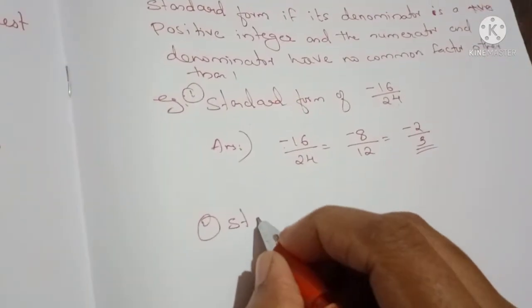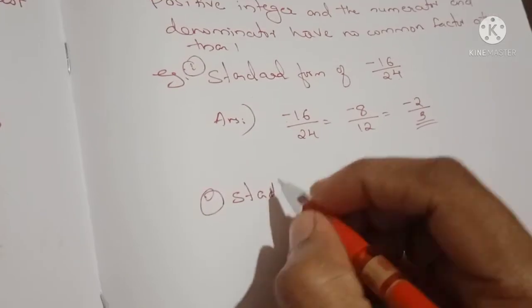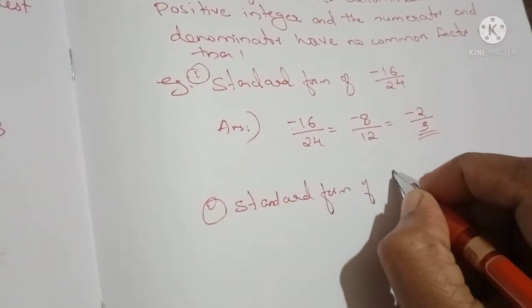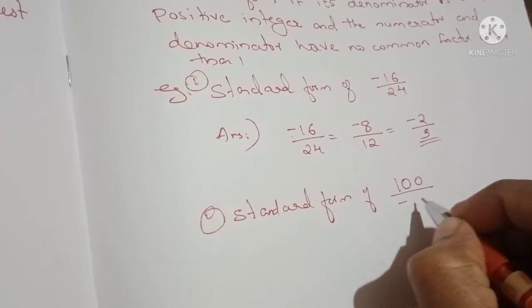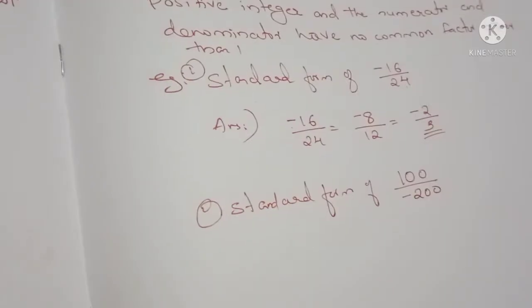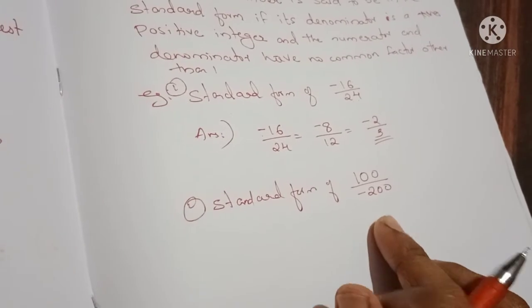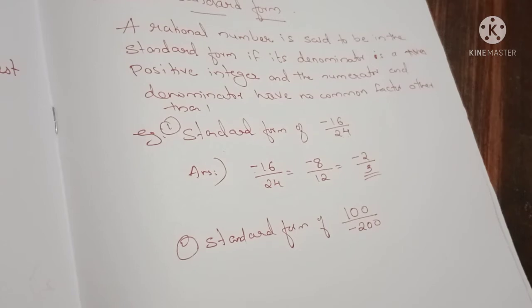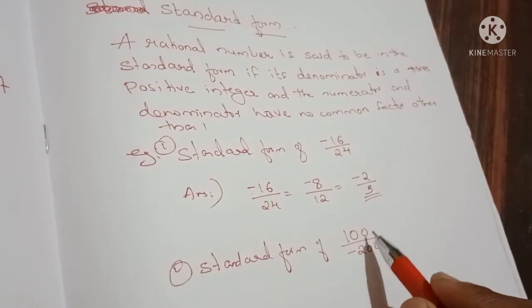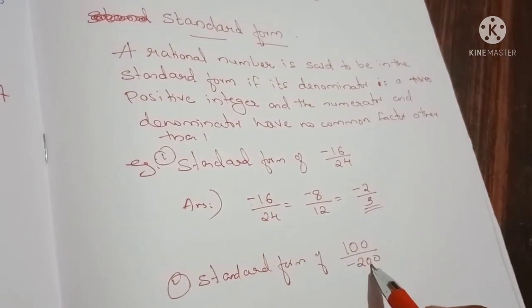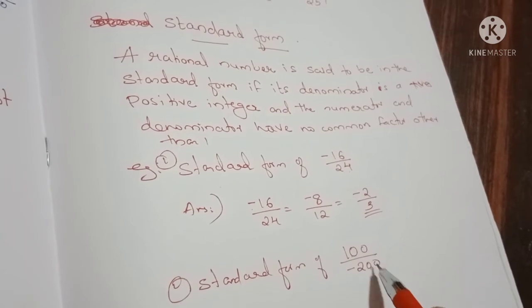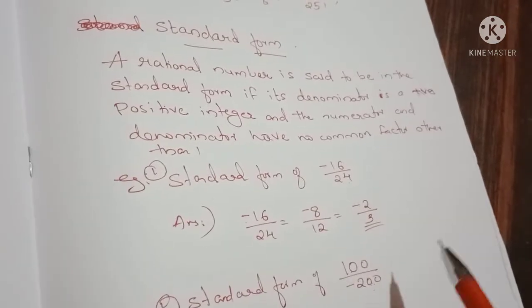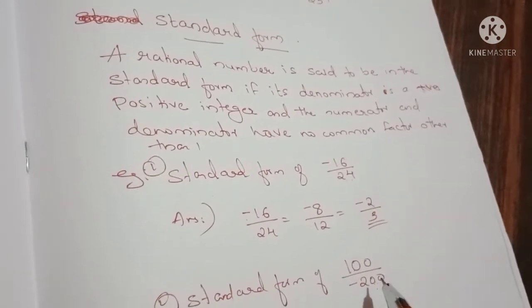Second question. The standard form of 100 by minus 200. Is it in the standard form? No, we need to convert this into the standard form. What are the two conditions for standard form? Here 100 and 200 should not have a common factor, but they have many common factors other than 1.